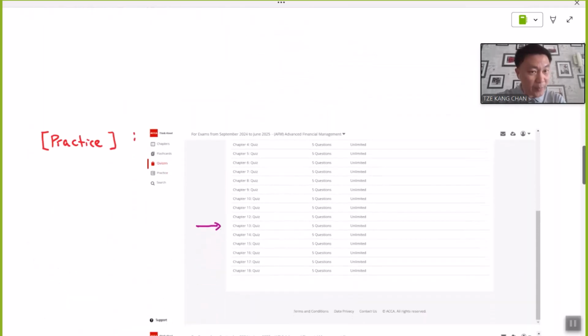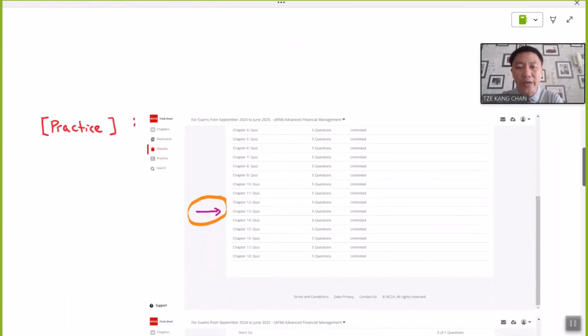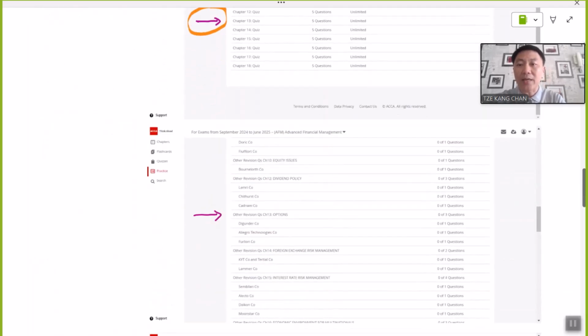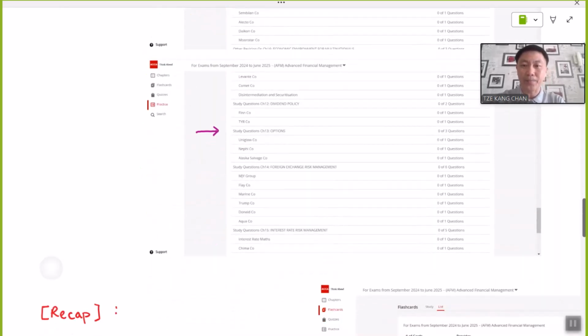For practice purposes, here are a range of quizzes pertaining to chapter 13, as well as practice questions, particularly other revision questions that contain such exercises on options pricing. Furthermore, study questions offer another range and type of practice for you to get familiarized with the subject matter.